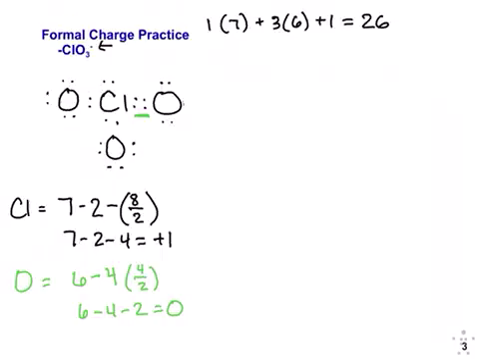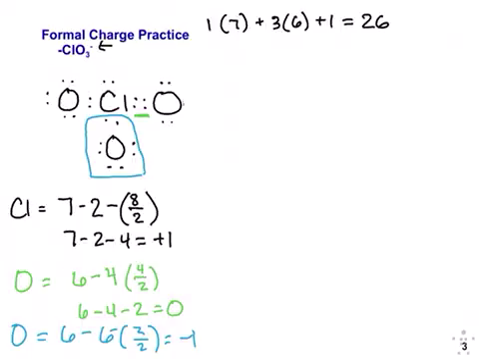We should probably check the formal charge of this other oxygen to see what the formal charge is when there's no double bond. So that would be 6. We have now 6 unbonded, minus, we have 2 divided by 2 in the bond. So we would have 6 minus 6 is 0, minus 1 is a negative 1 charge.